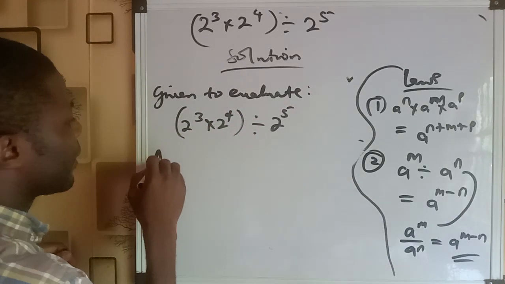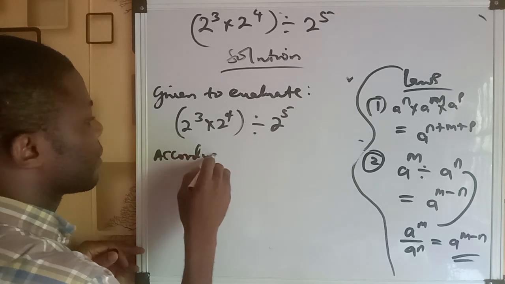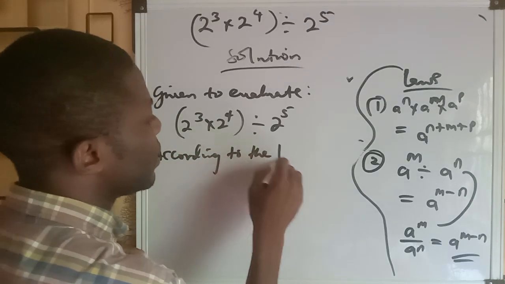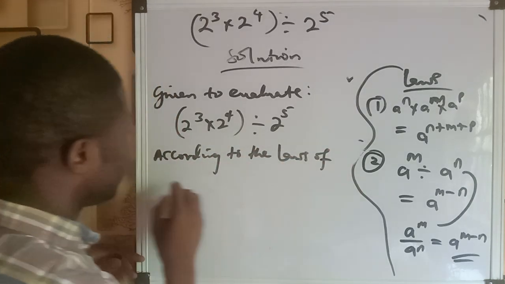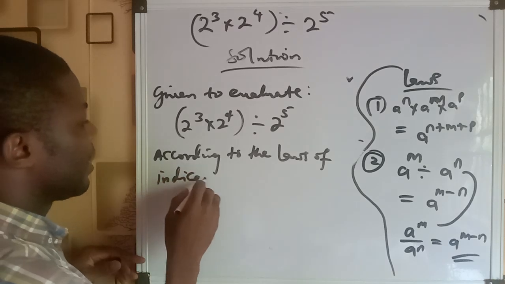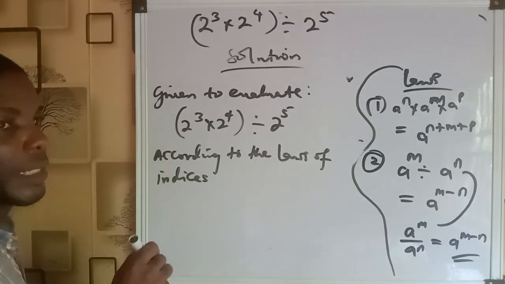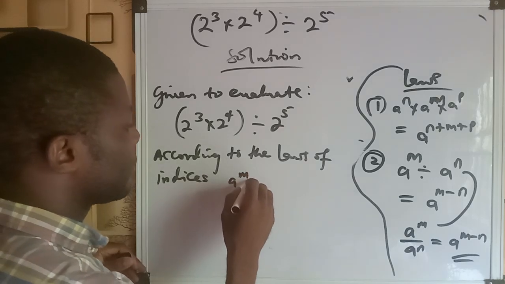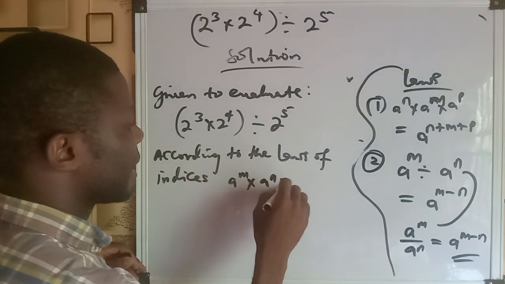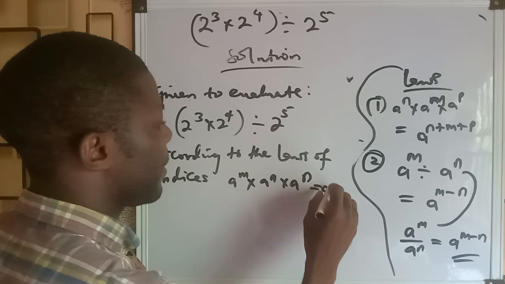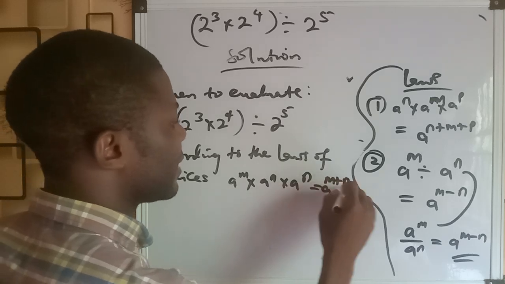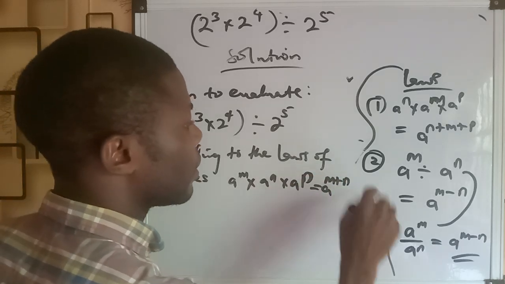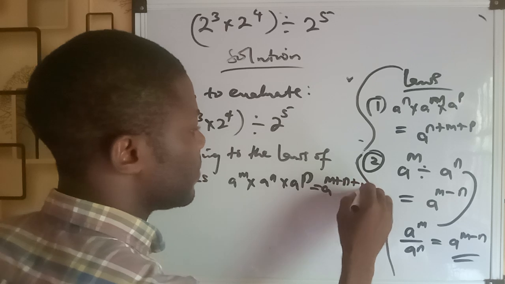You can now say, according to the laws of indices. Now I'm trying to be explanatory in my teaching. According to the laws of indices, a power m times a power n times a power p equals a power m plus n plus p.